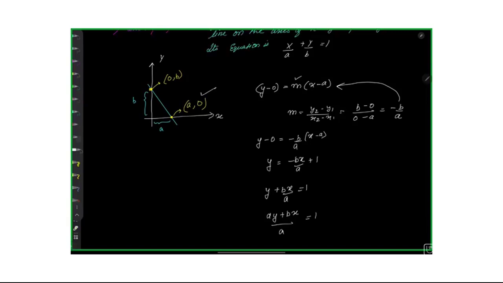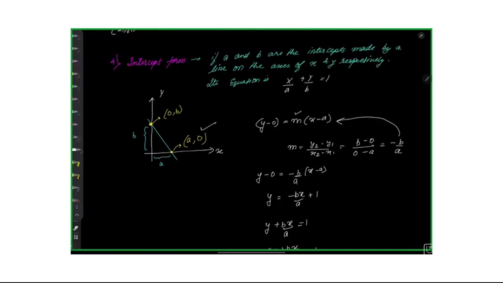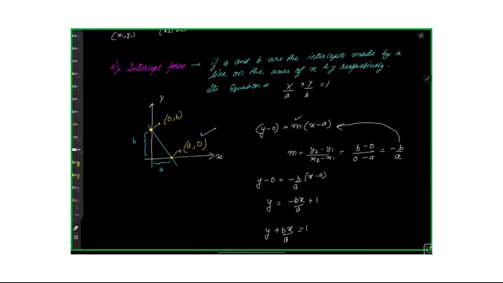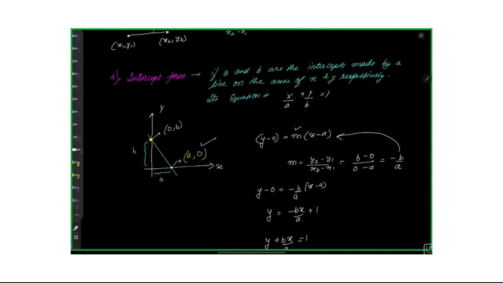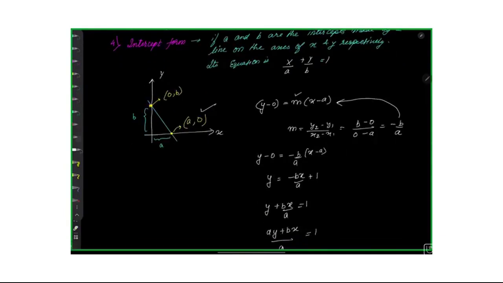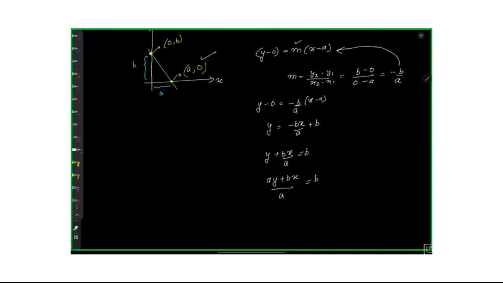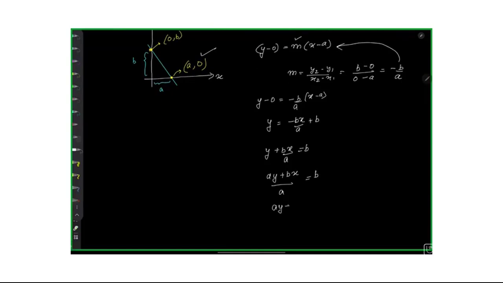Let me check if I have made any silly mistake. y minus 0 equals m(x minus a), where m is (b minus 0) over (0 minus a), which is minus b by a. Here it will be plus b, because minus b by a into minus a would be plus b. Now, moving terms, it is ay plus bx equals ab.